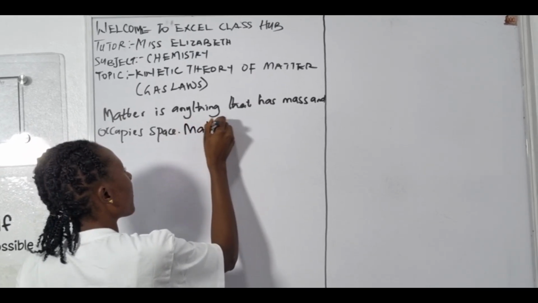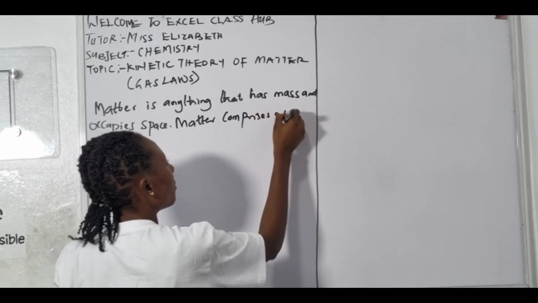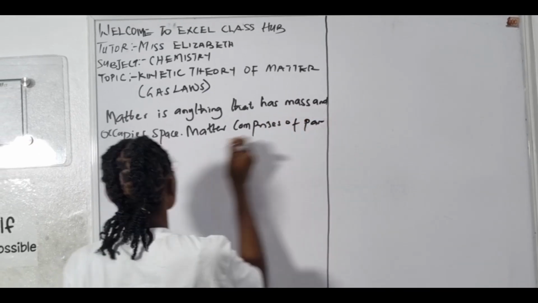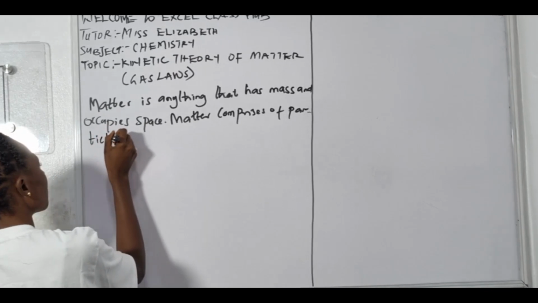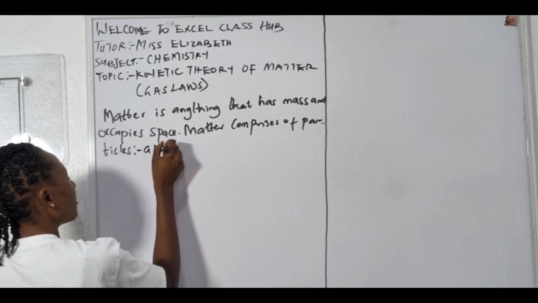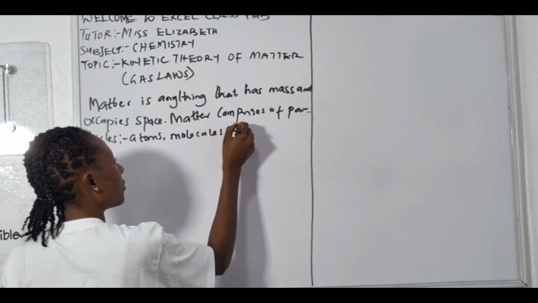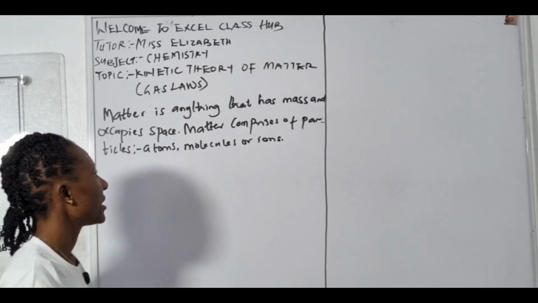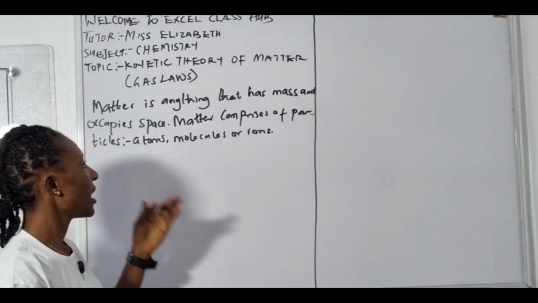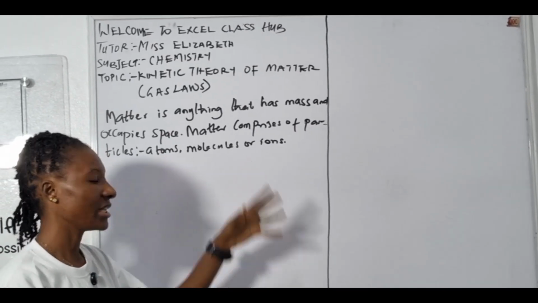Matter comprises of particles: atoms, molecules, or ions. Matter is anything that has mass and occupies space. Matter comprises of particles, atoms, molecules, and ions.